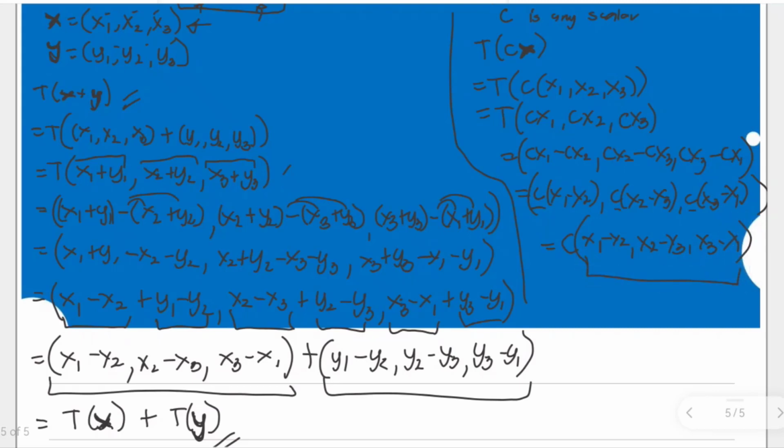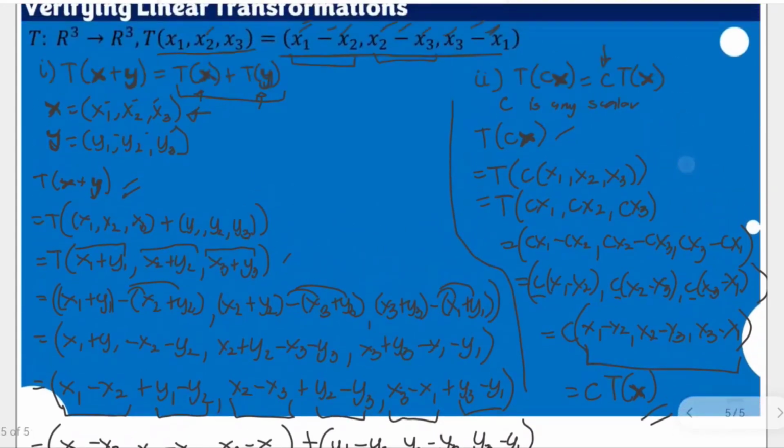This is similar to what we had earlier, which is the transformation of your vector x. In short, we have c outside, times the transformation of your vector x. We have shown now that the transformation of c times vector x is equal to c times the transformation of vector x, and our second condition has also been satisfied.